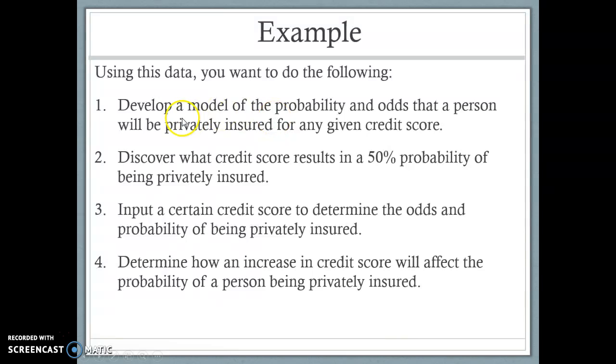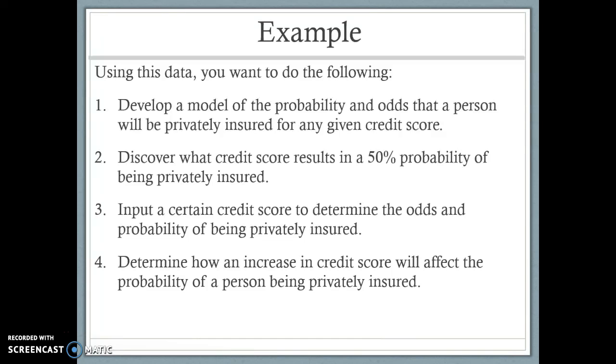This is the kind of data we can get from using logistic regression. We can develop a model of the probability and odds that a person will be privately insured for a given credit score. So if somebody comes into my office with 500, I can state the probability or odds that they will have private insurance.